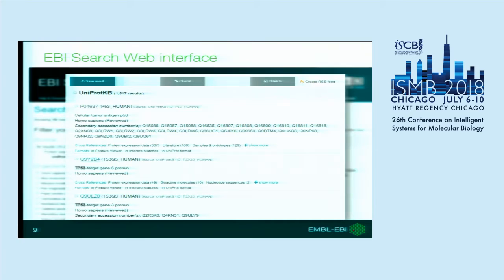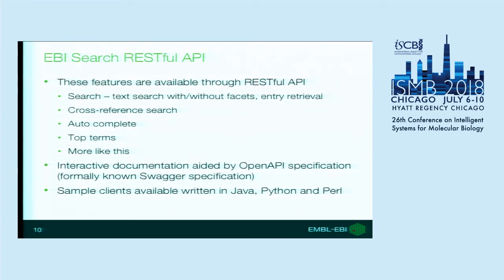Now I'm going to move to the RESTful interface, which plays the main role for the EBI Search as a service capability. These features are available through the RESTful API, so obviously search, so you can perform search with and without facets.